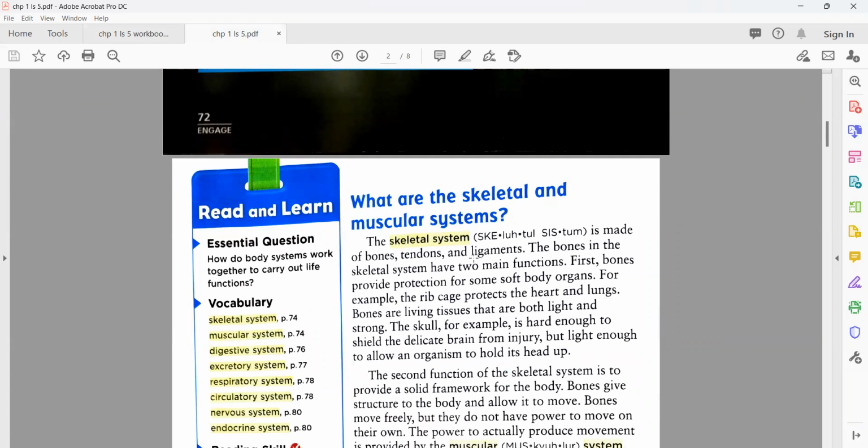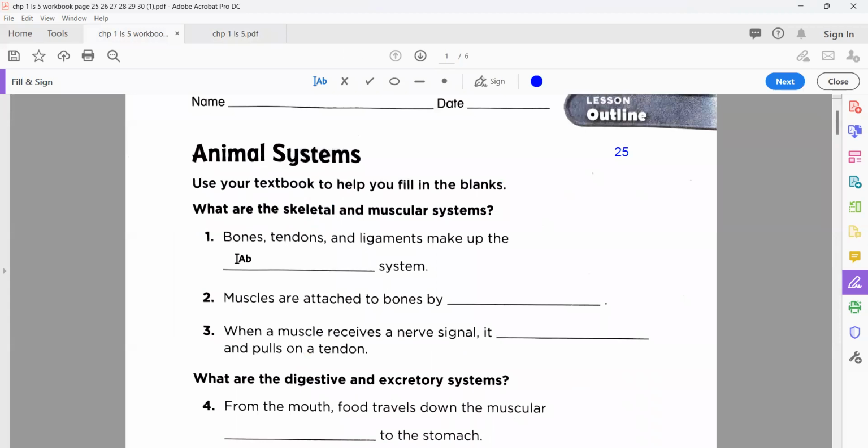So you know very well the best option that we're going to write here is skeletal system.